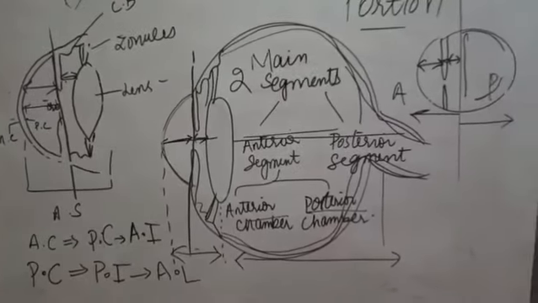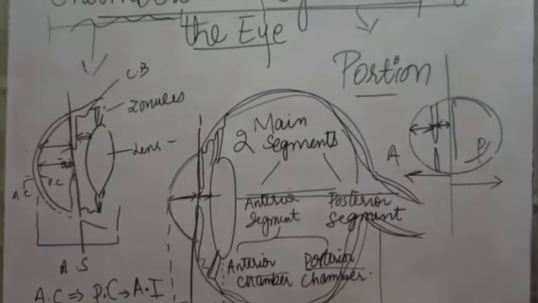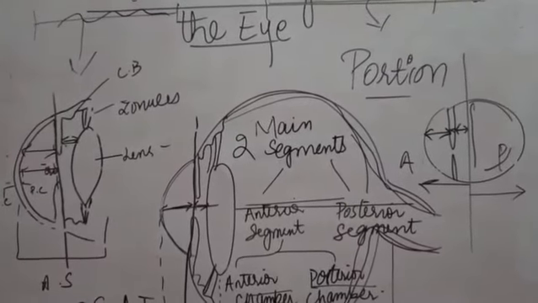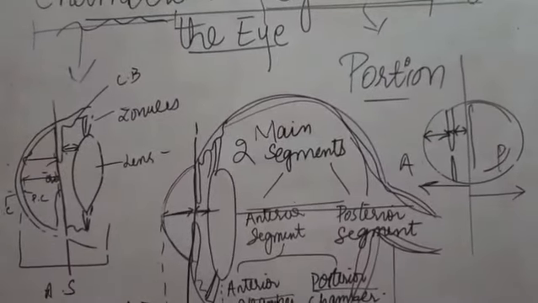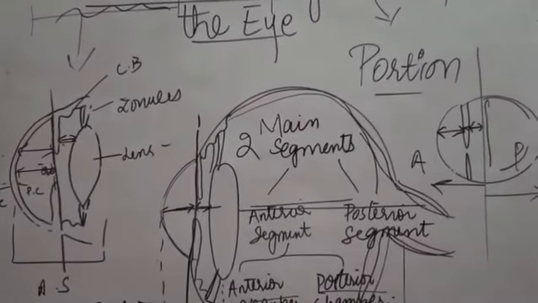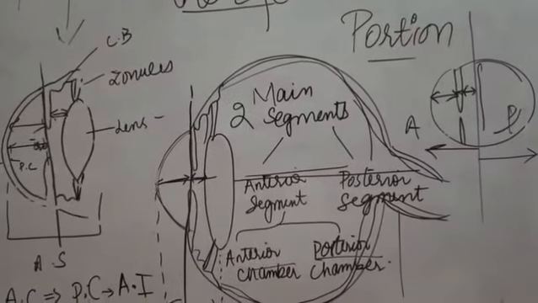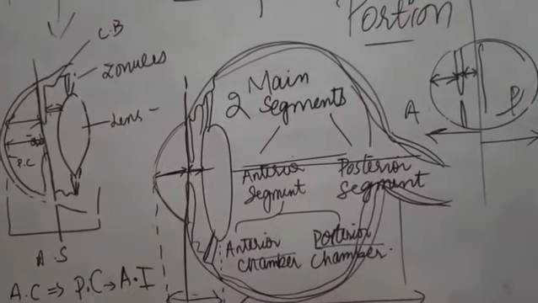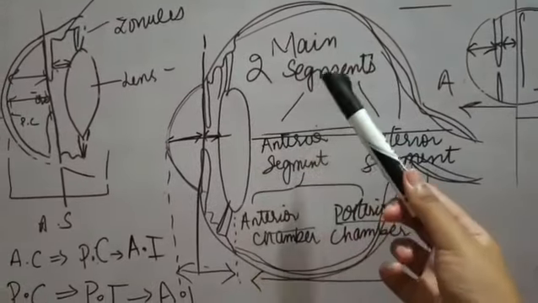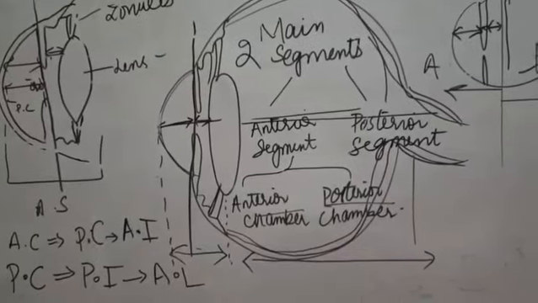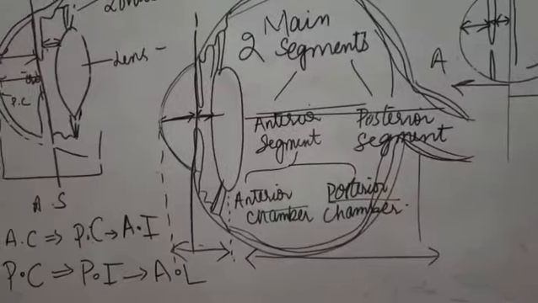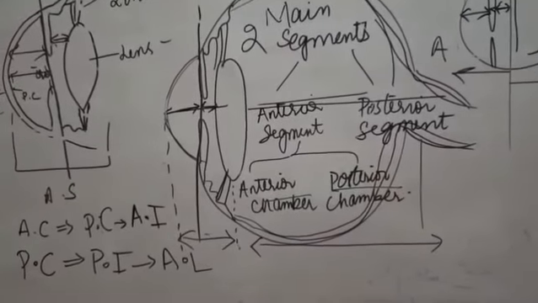And a lot of the time there is a question: from where is the aqueous humor produced, right? The aqueous humor is produced from the posterior chamber. Many times students think, and when I was a student I also used to think, that the aqueous humor is produced in the posterior segment, but I was unaware of the chamber definition.